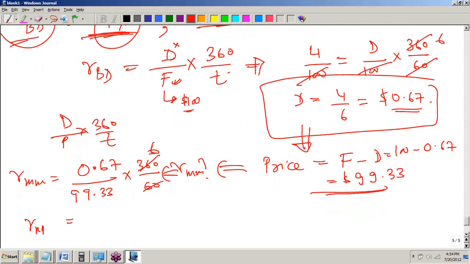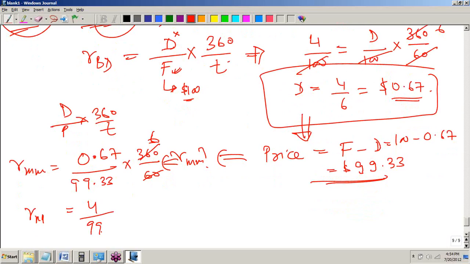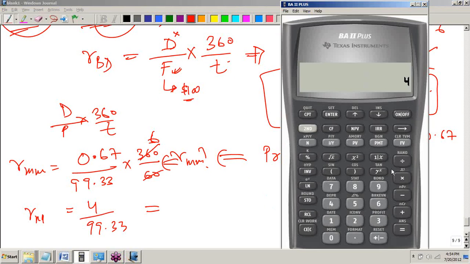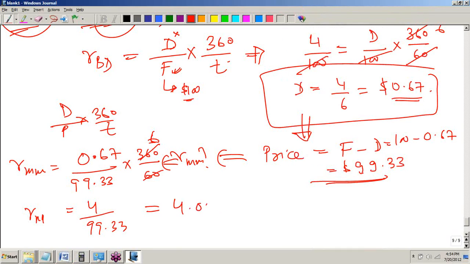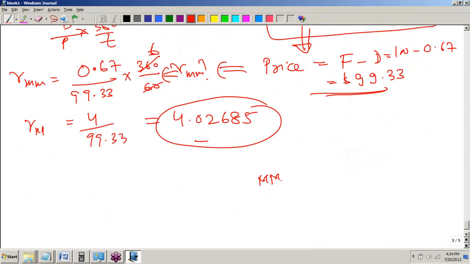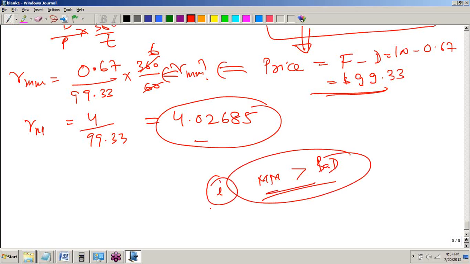So your money market yield will be 4 by 99.33. If you compute 4 divided by 99.3333, it comes to 4.02685, marginally more than that. So that means your money market yield is greater than the bank discount yield.